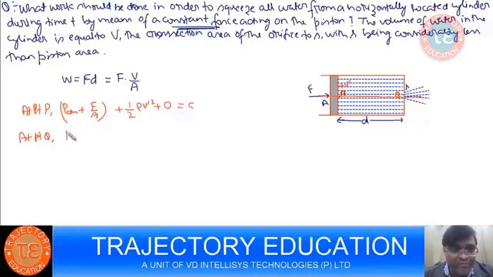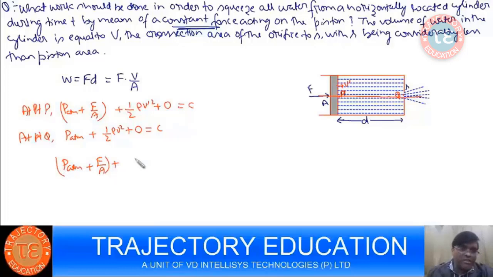At point Q, it is in contact with the atmosphere, so the pressure is P atm, constant. So what you find is the static pressure is getting converted to kinetic energy.